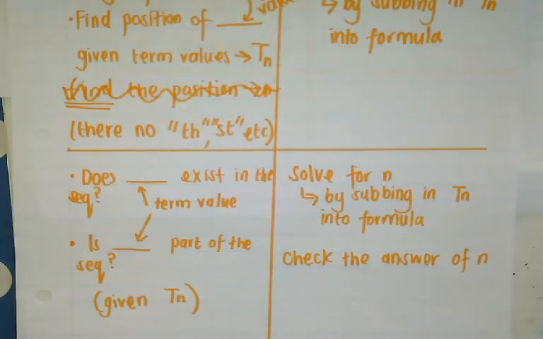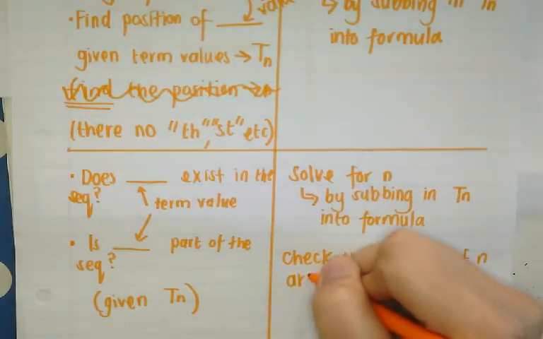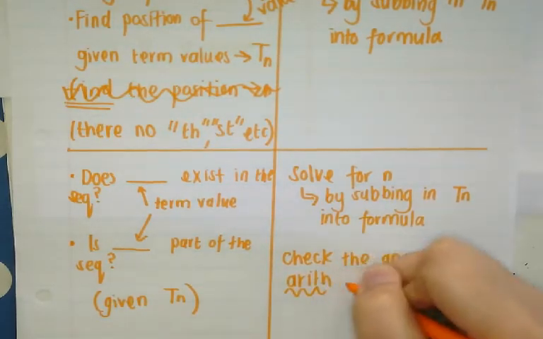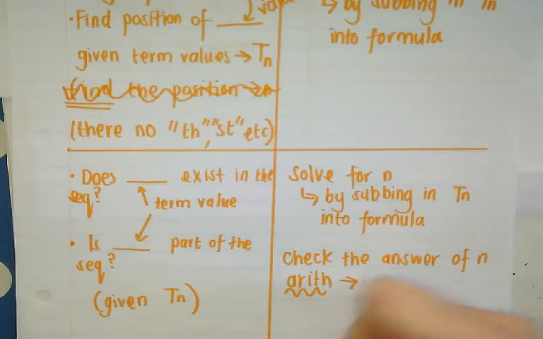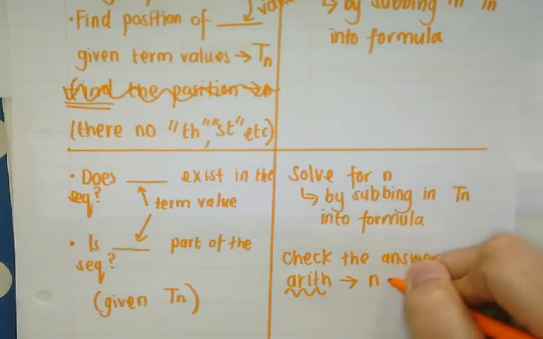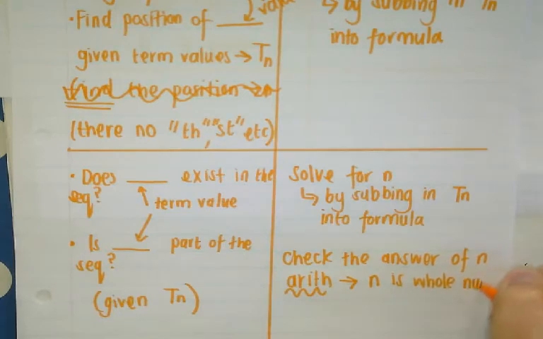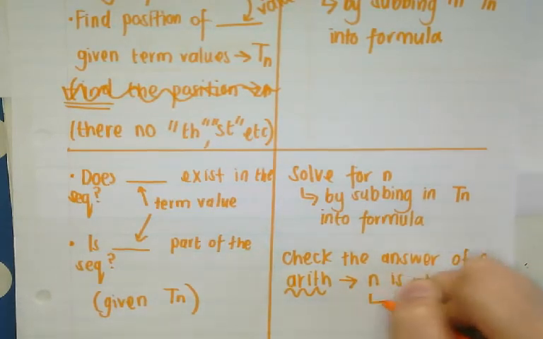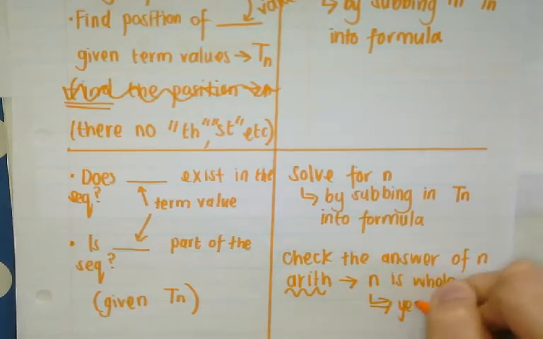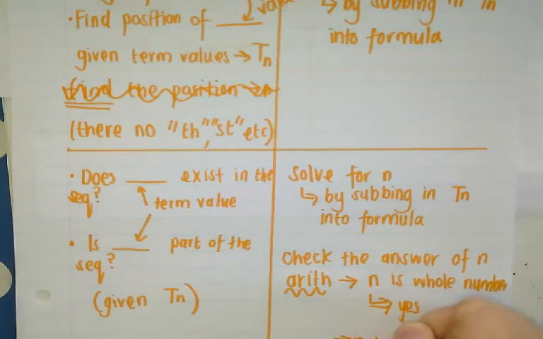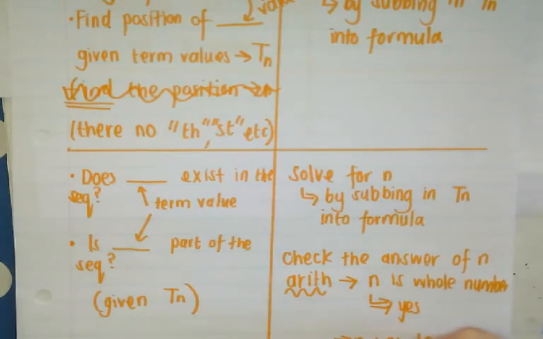So we check the answer of n. For arithmetic, if n is a whole number, then yes. If n has a decimal, then no, it's not part of my sequence.